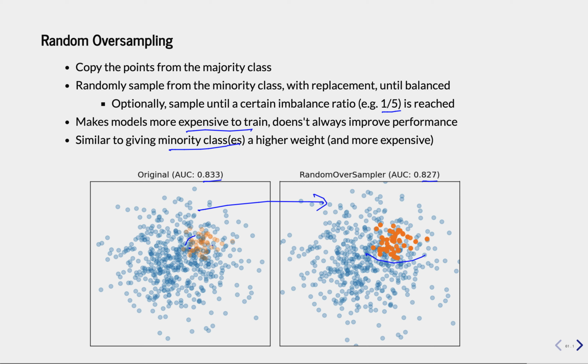Because if you would sample every point 5 times, it would be exactly the same as giving the minority class a weight that's 5 times higher. Every point will be 5 times in your train set, which means it will occur 5 times in your loss function, which is equivalent to just having it there once and increasing its weight by 5. So it's totally equivalent, except that it's a bit more random than just using the class weights, and it's more expensive as well.